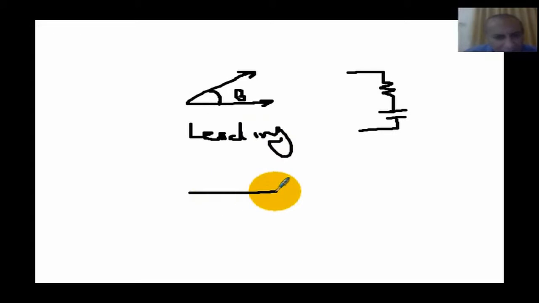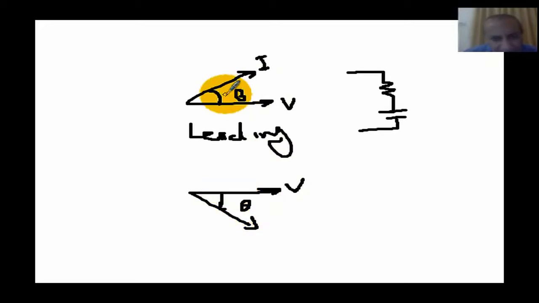On the other hand, if we have this V and this I, we have a negative angle. So theta is negative. If this is plus 45, this is minus 45. So theta is negative, and in this case, this is the case of a load of a resistor and inductor.